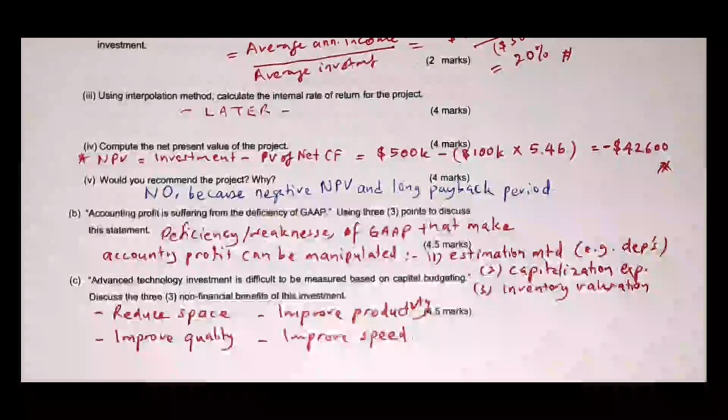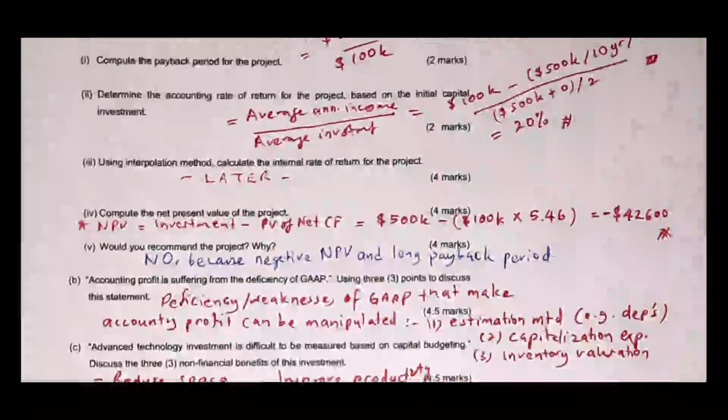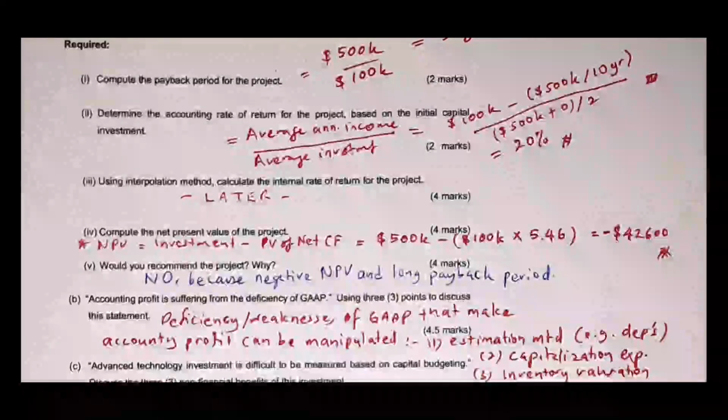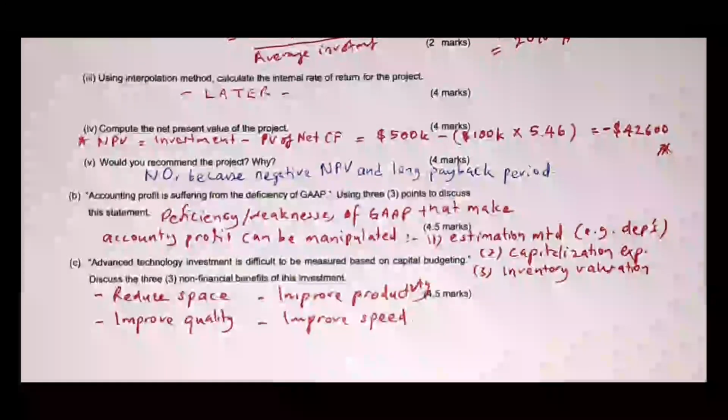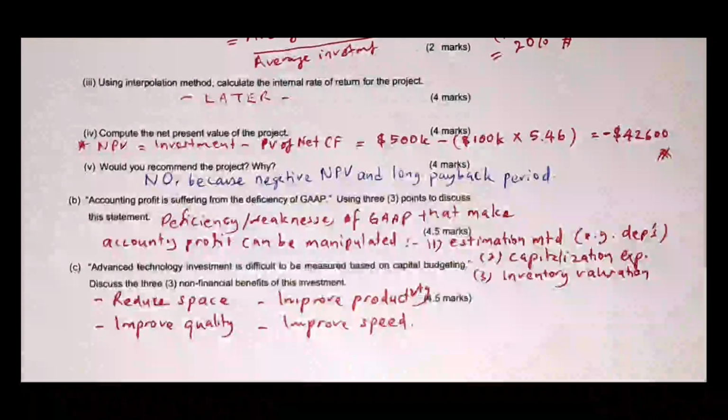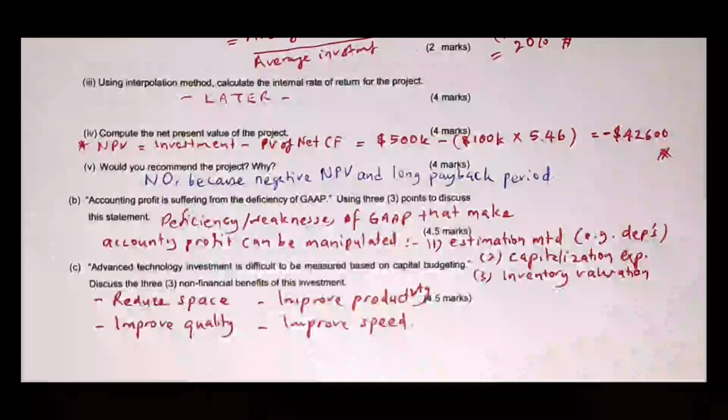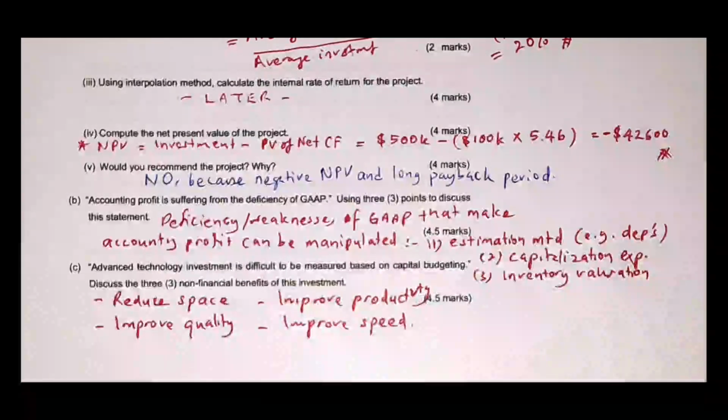Question B is testing your knowledge about the effect of the calculation of profit on the capital investment analysis. From my explanation, I hope you can understand that the calculation of profit can be manipulated because of these 3 factors.